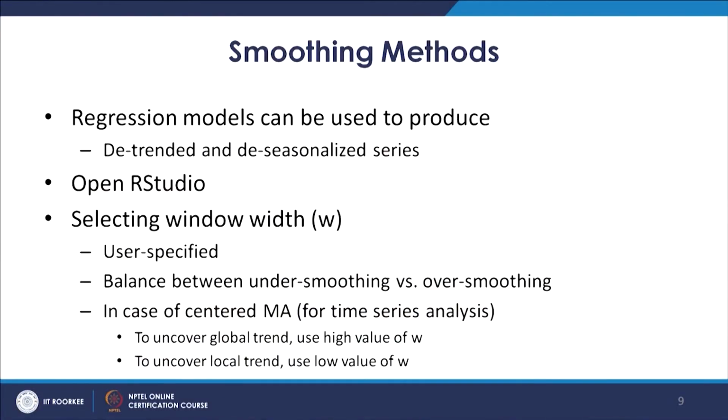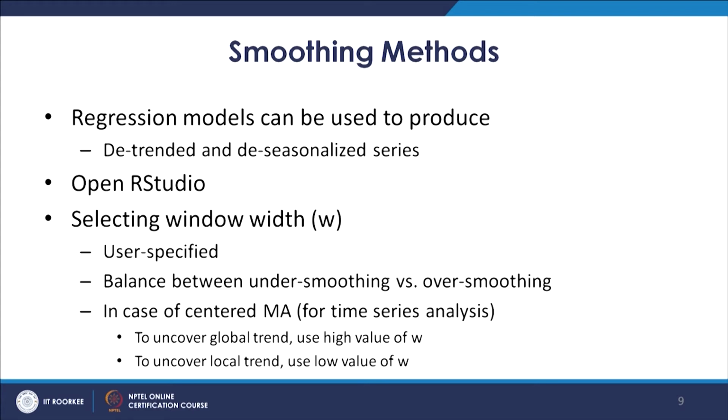A few other aspects about how we go about selecting the window width W. As we have discussed before also, W is something that is user specified. While selecting a particular value for W, we have to look for the balance between under smoothing versus over smoothing.